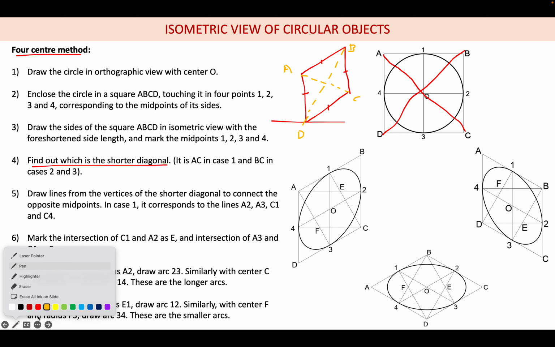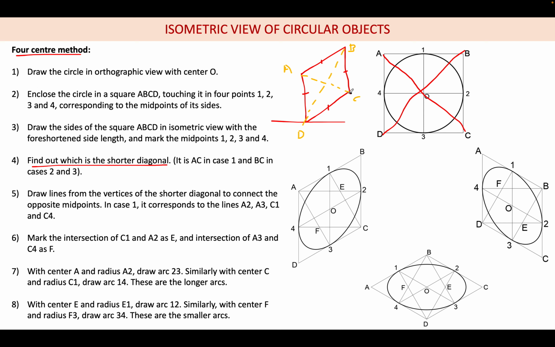After finding out the shorter diagonal, we have to draw two lines. From this C you have to connect the opposite midpoints. As I told, there are four midpoints: point 1, point 2, point 3, point 4. Now you have to connect C to 4 and C to 1. Similarly, connect A to 3 and A to 2.